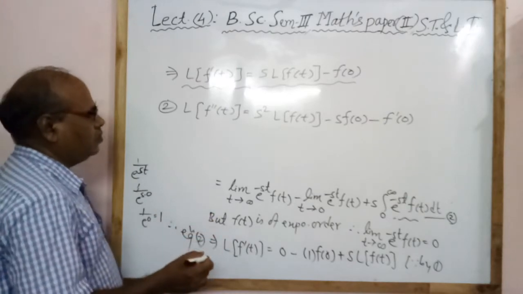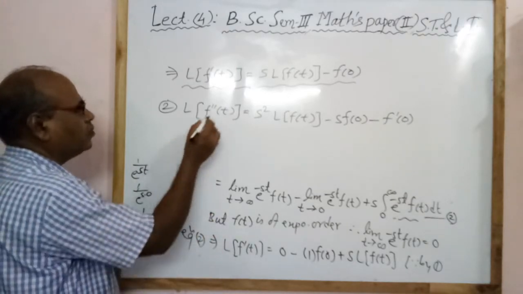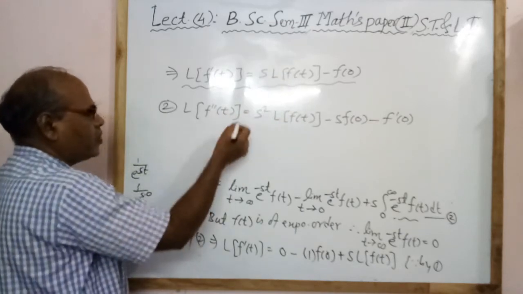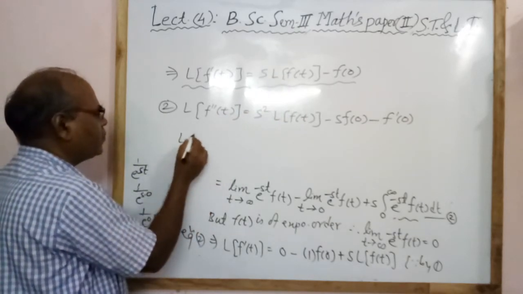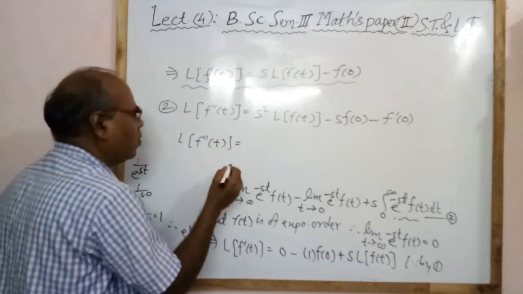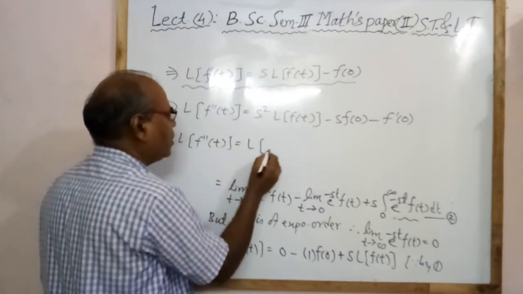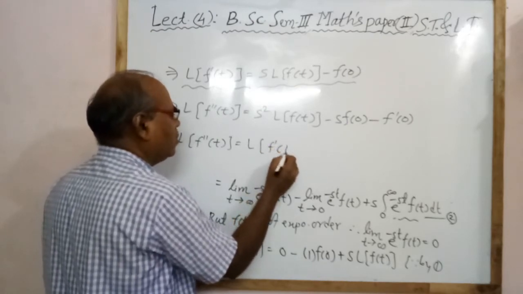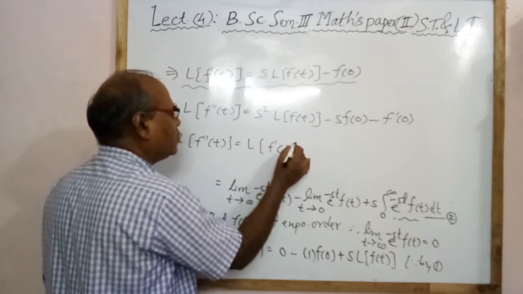Now here, since f of t is replaced by f dash of t, we can write Laplace of f double dash of t equal to Laplace of the derivative of f dash of t.